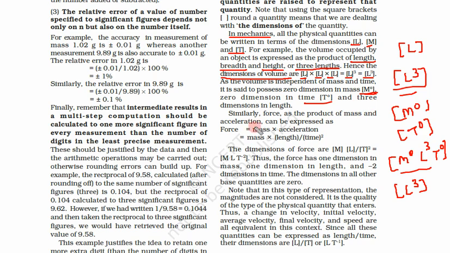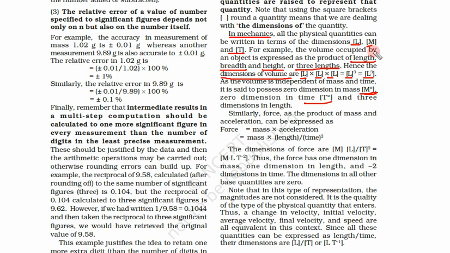Similarly, force is a product of mass and acceleration. So how will we write force? We know force is equal to mass into acceleration. Mass is m, and acceleration is velocity upon time.